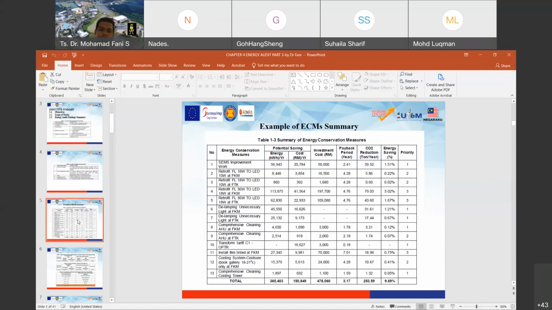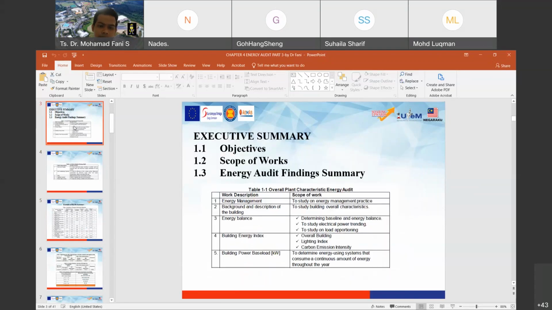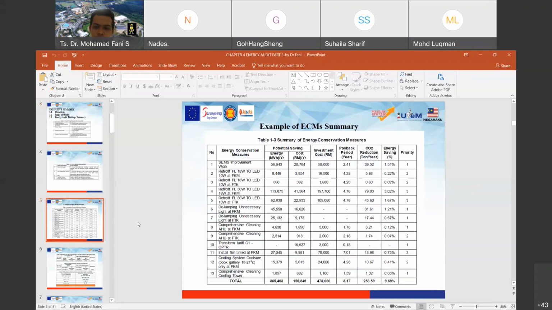And also here is the list under the executive summary. We are still under the explanation of the executive summary, the first section in the energy audit report. So what is required for the executive summary is that you need to put a summary of energy conservation measures.